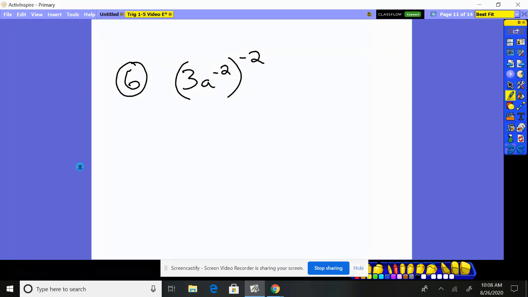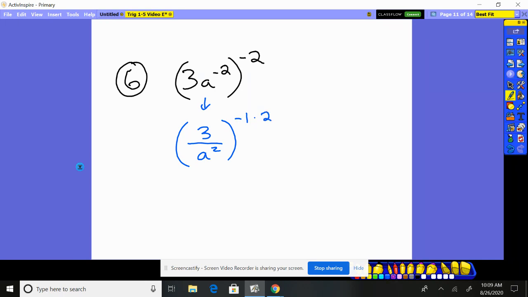So before I do anything, I know I need to rewrite this as a 3 over a squared because that negative exponent right there said move me to the bottom. So this is 3 over a squared to the negative 2, which now, since I've cleaned up the inside, I've got everything nice, I can concentrate on the outside, which is the negative 1 times 2.